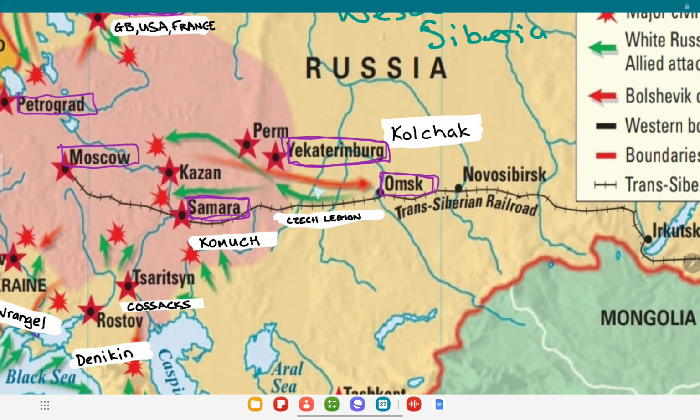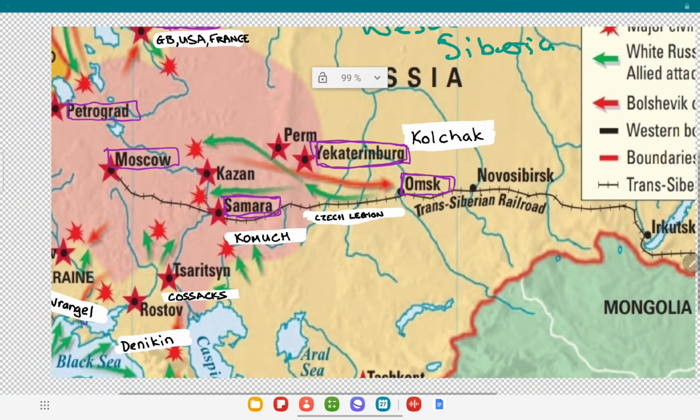So there was two governments here, two white governments, if you like, set up, and Kolchak led a coup and overtook both of them. Kolchak was actually supported by the British. I think he was a bit of a British agent, but don't worry about that. So here you can see how even the whites are fighting amongst themselves. Kolchak actually murders a lot of or has executed a lot of the SRs who were involved in the Komuch.